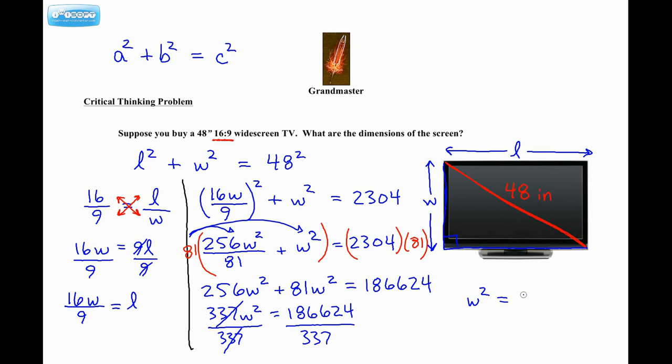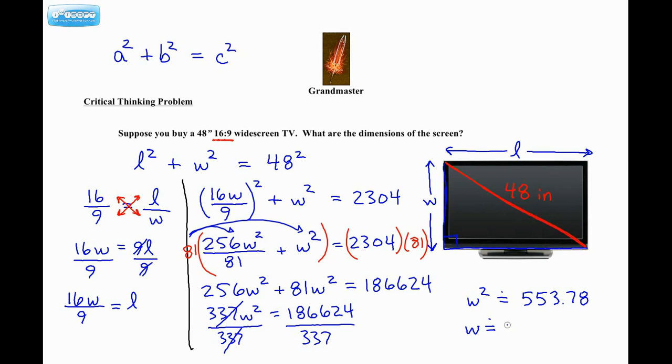Yep. Okay, so this is 553.78. I'm just going to keep about 2 decimal places. This is approximate. All right, so how do we find W? Well, if W squared is this ugly number here, to find W, we just take the square root of it. And you should have a square root button.